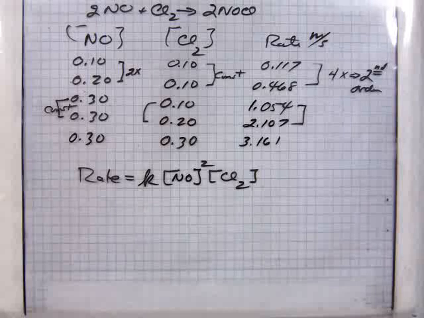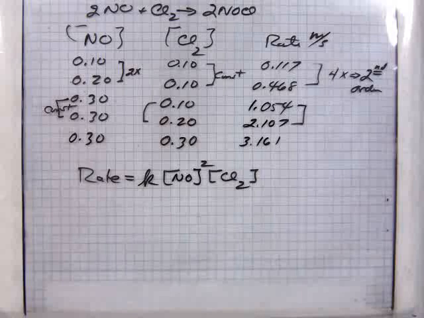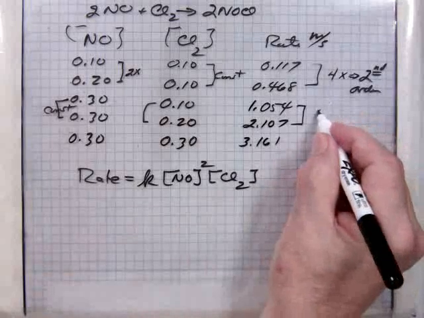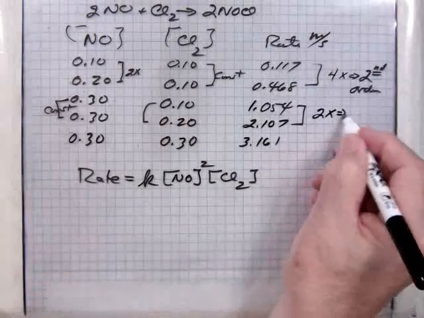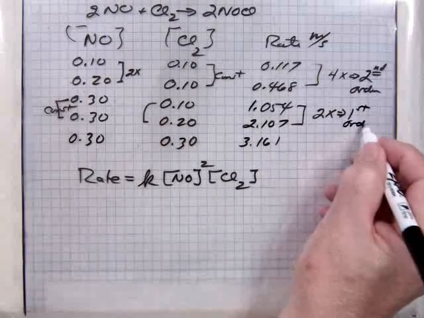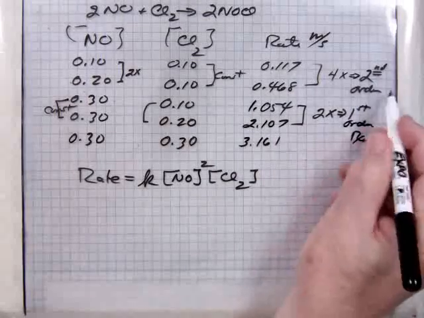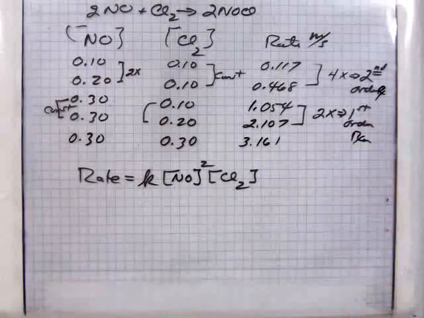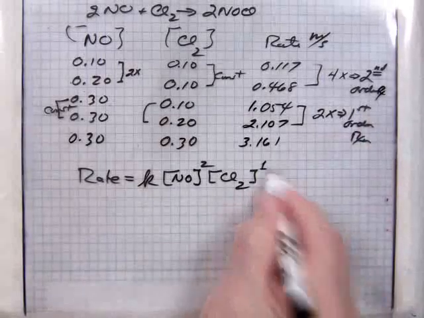I did check it. I'm sure it is. 1.04. Yeah, a 2 times increase. So we say this is first order, so we want to assign a 1 right there.